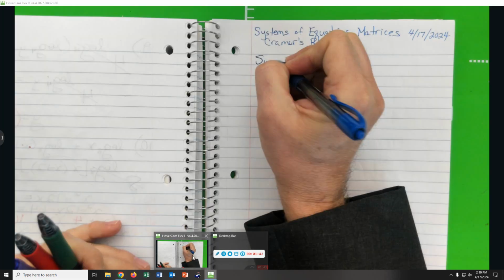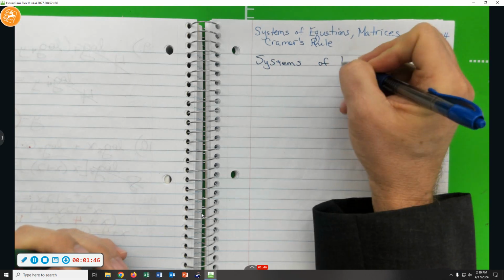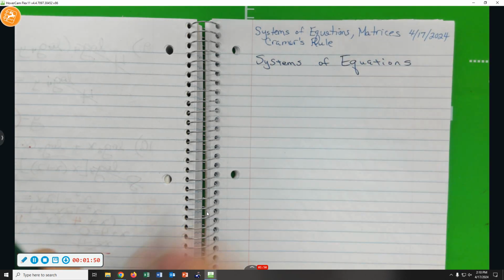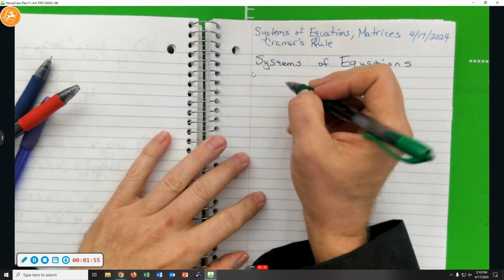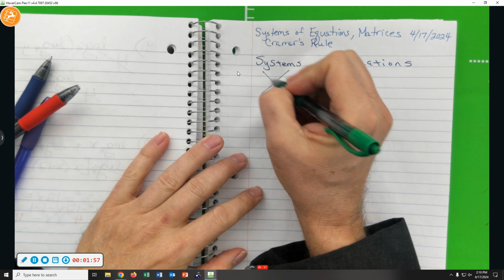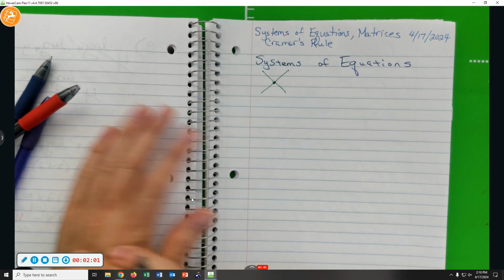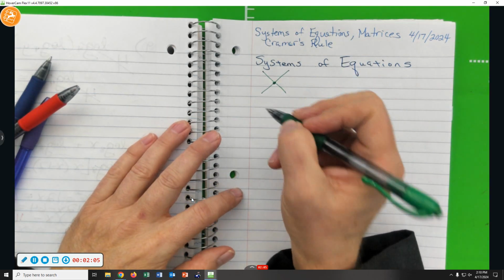I want to look at there are three possibilities when looking at systems of linear equations. The most common, you have two lines and they intersect in a single point. That's what usually happens, okay? There's one unique solution.